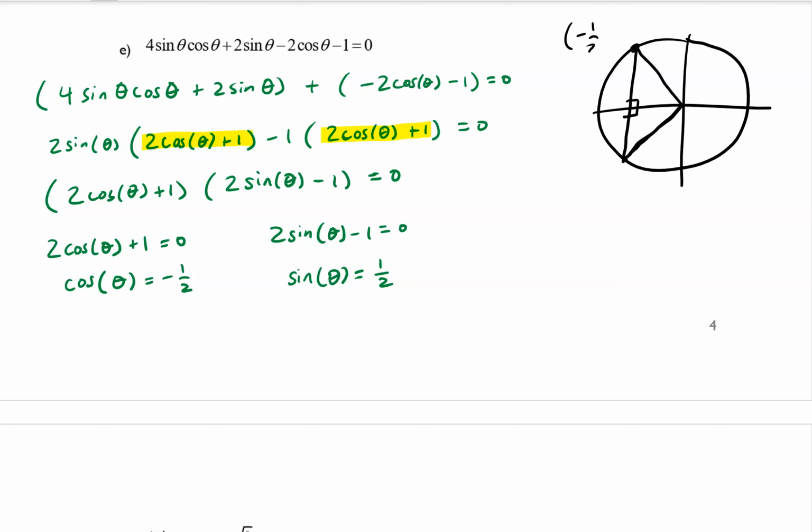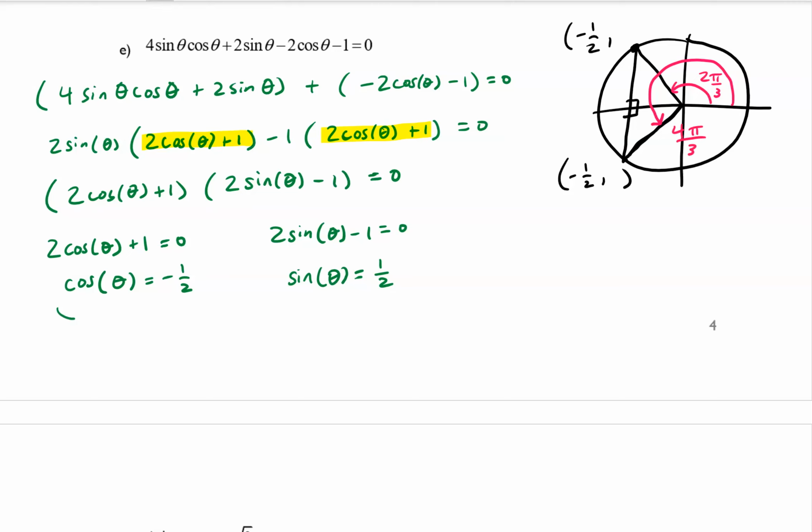So we're trying to locate the angle where the x-coordinate of the terminal point is negative 1/2. And that happens when our angle is 2 pi over 3 as well as 4 pi over 3.